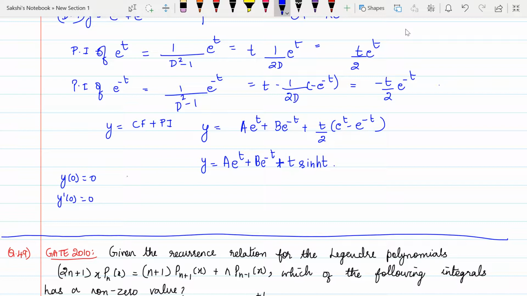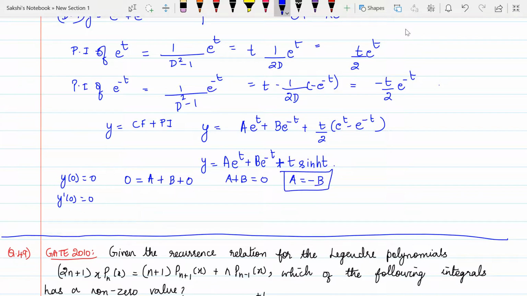So for y of 0 is equal to 0, we get a e power 0, which is a, plus b e power 0, which is b, plus 0. So a plus b here is equal to 0. So a is equal to minus b.